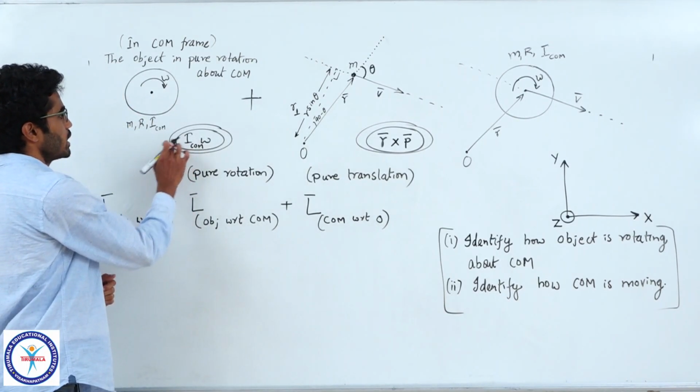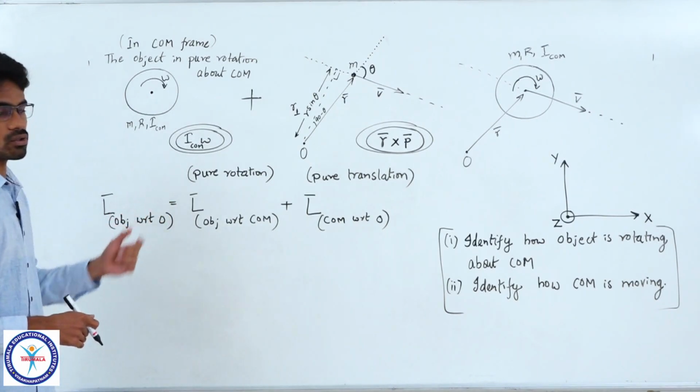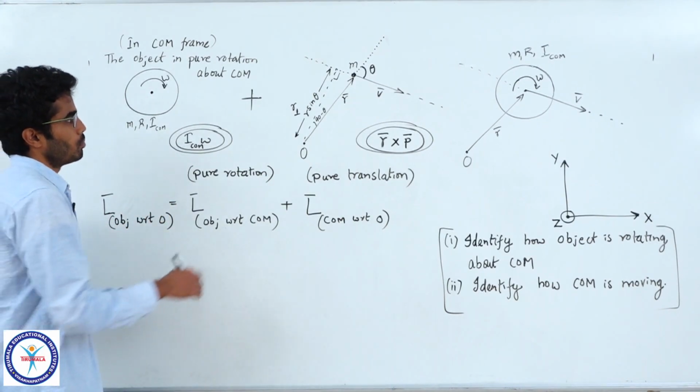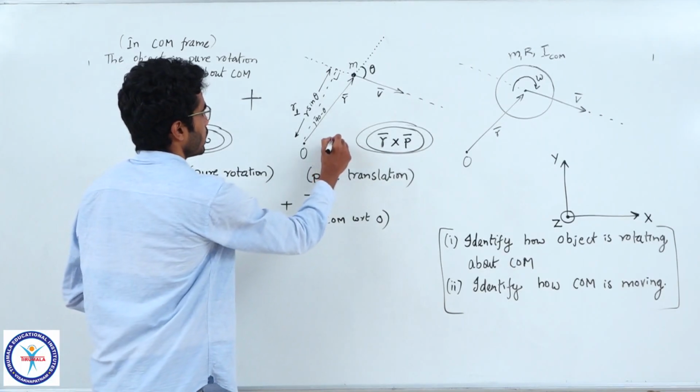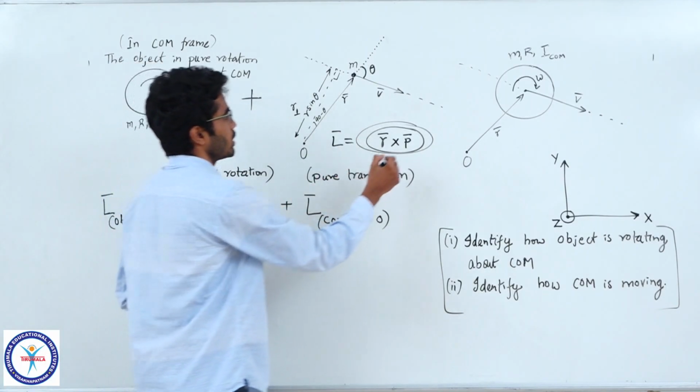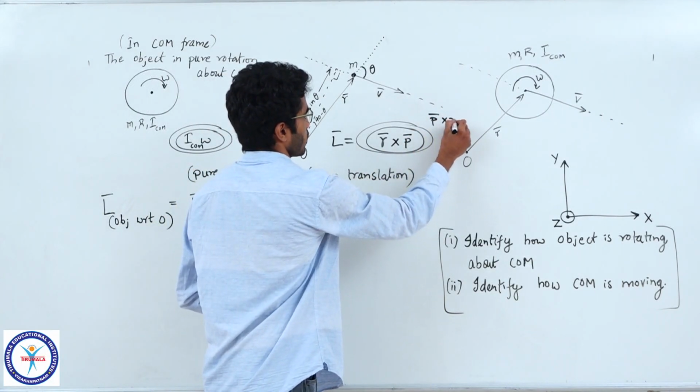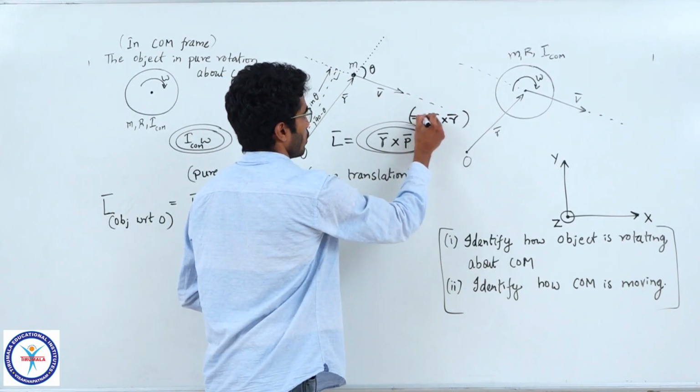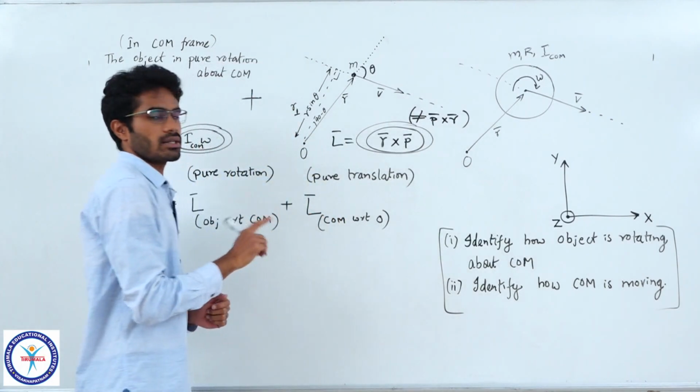In pure rotation it is given by I omega, so I center of mass into omega. But in this case we know that angular momentum is r cross p. Do not make a mistake here, it is not p cross r, it is r cross p.